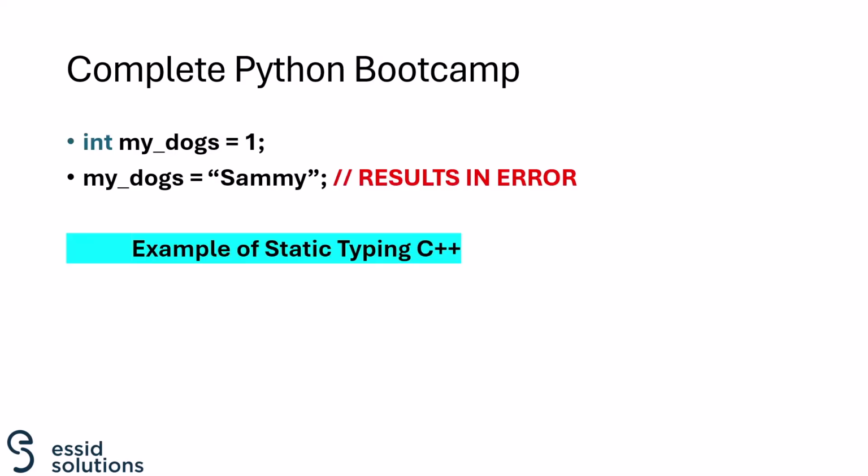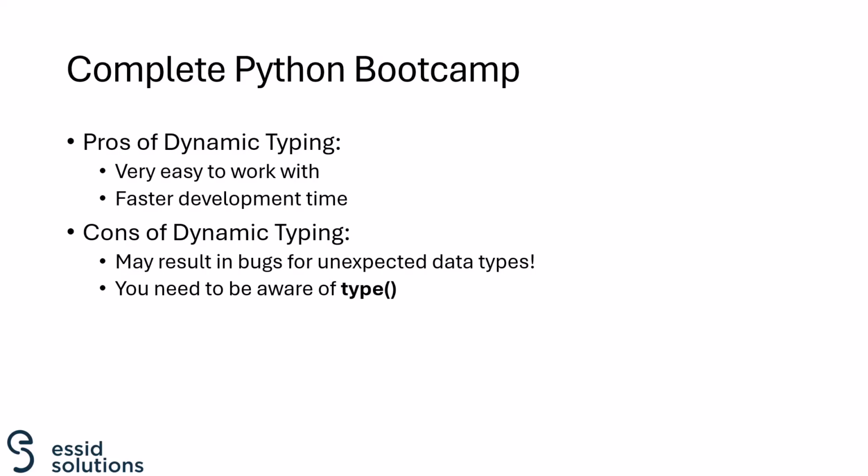In contrast, in a statically typed language like C++, you would have to declare the variable type when you first assign it, and you could not change it later without generating an error. There are pros and cons to dynamic typing. The advantages include saving time since you don't have to specify the data type, making your code more readable.